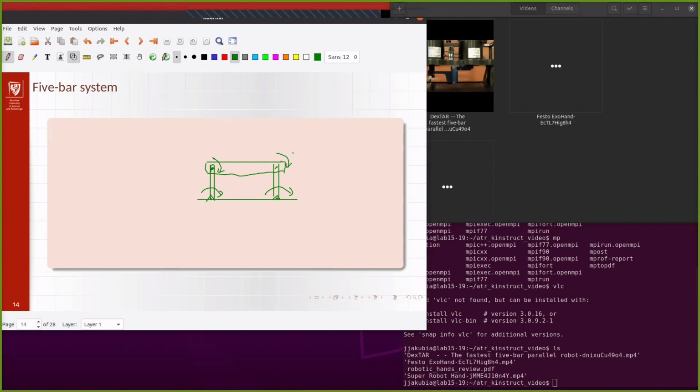We have 1, 2, 3, 4 joints. 4 rotational joints.